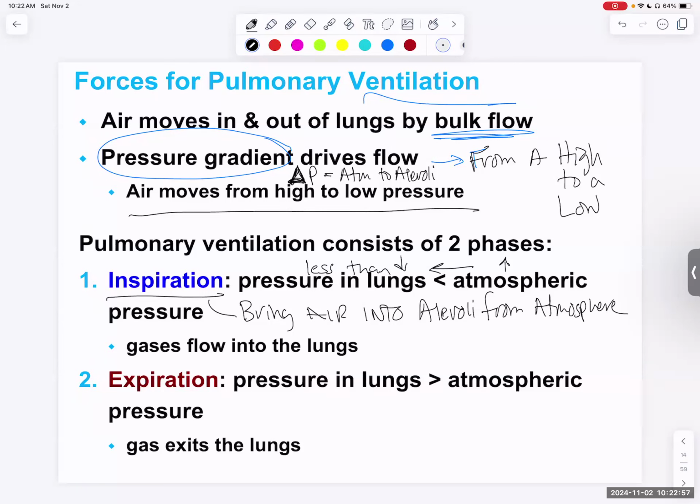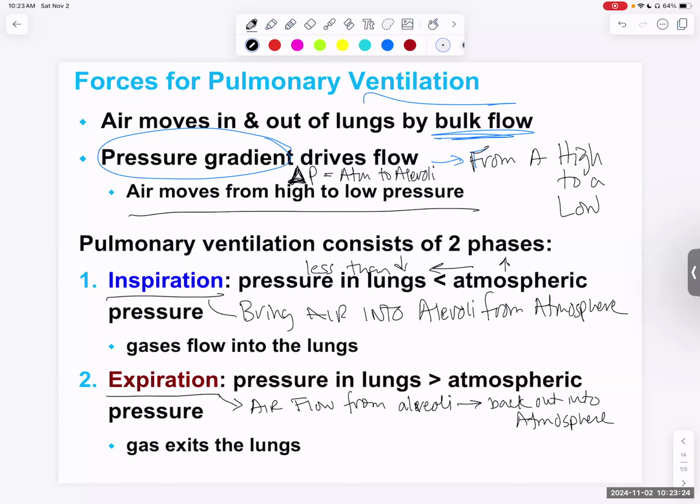If we want air to leave our lungs, which is expiration, or having air flow out of our lungs back into the atmosphere, so this expiration is airflow from alveoli back out into the atmosphere.